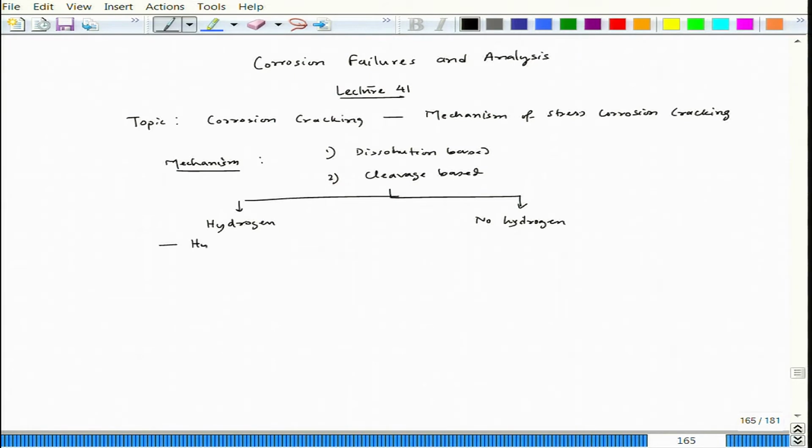One is the hydrogen assisted decohesion model, then we have hydrogen embrittlement, then hydrogen assisted local plasticity.